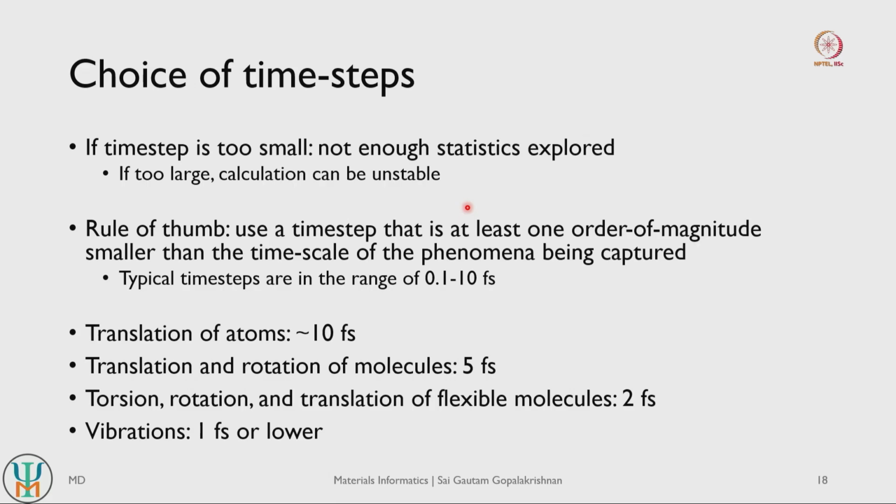So if you use very large time steps, your trajectories can deviate away from their real trajectories very quickly, and the calculation can actually be unstable, right.